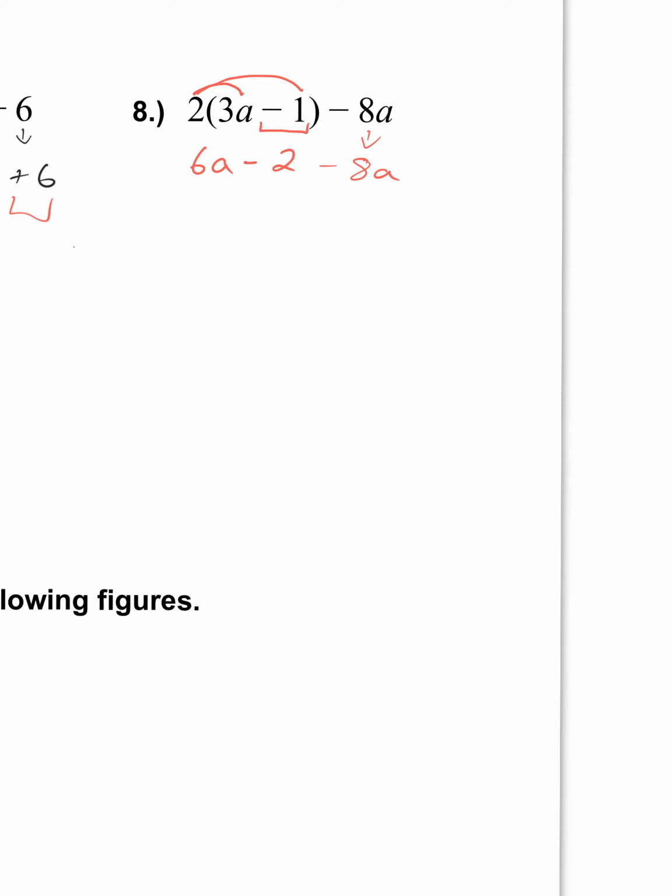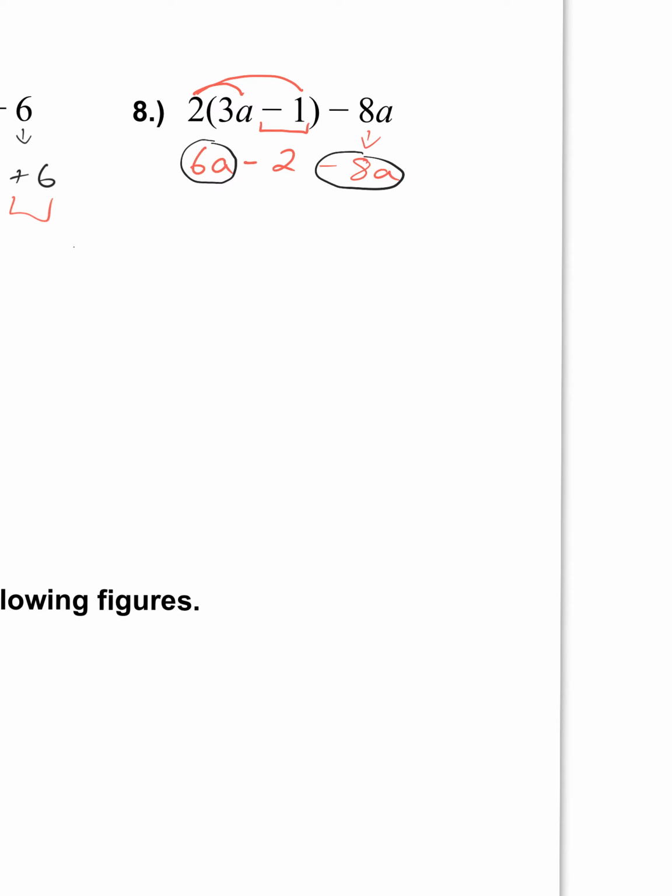Once we've done all our distributive property there, we want to double check and see if there are any like terms that we can combine. Looking at this expression, 6a minus 2 minus 8a, 6a and negative 8a are like terms, so we can combine them.